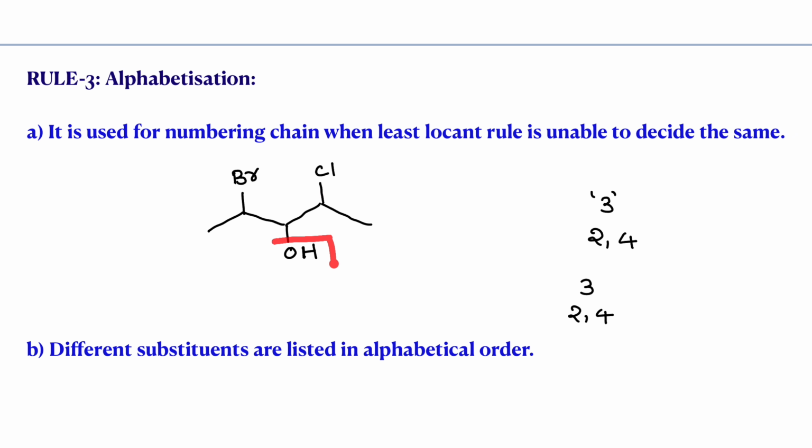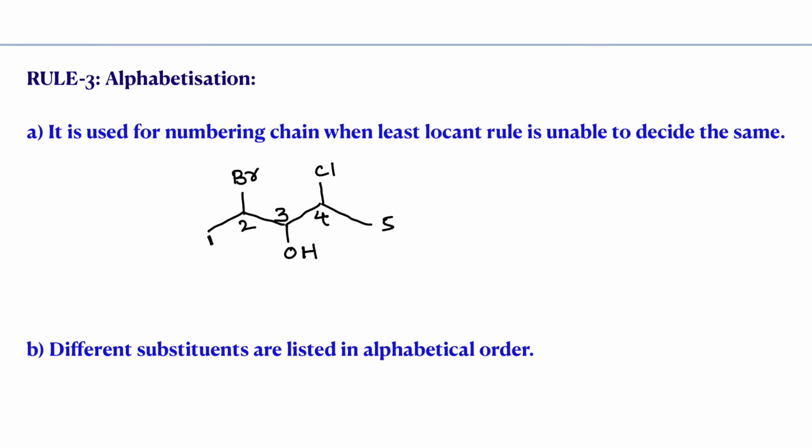However the functional group receives the same order of priority. So bromine, its spelling begins with B. Chlorine, its spelling begins with C. In the alphabetization rule, in alphabetical order, B comes first. Therefore, the actual numbering of this particular compound is this one. This is the numbering, and this is the importance of this rule.